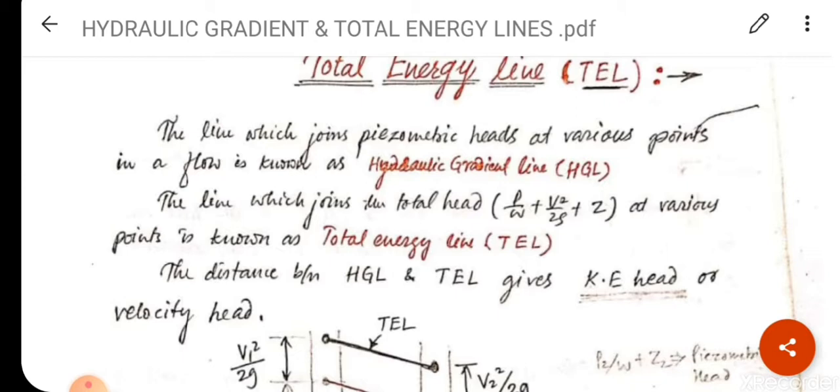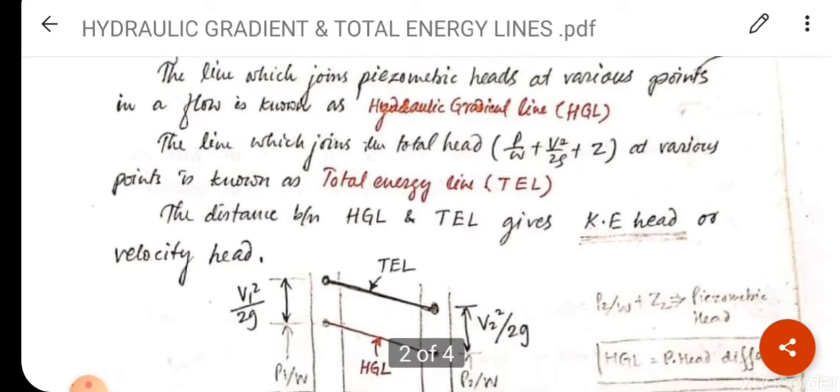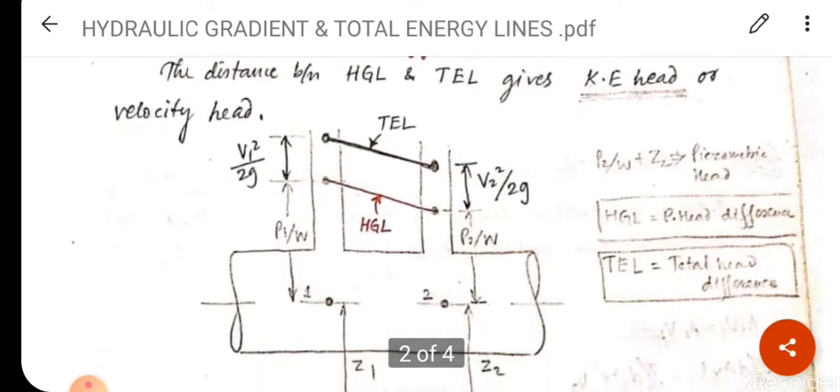Because you all know that if we separate P by W plus Z, the value remaining in this equation is V square upon 2G, that is kinetic head. So the difference between HGL and TEL, through which we can separate the two lines, the slope that forms will be at a gap of the kinetic energy head. See the diagram, it will be more clear. That is what I have drawn here in the pipe.